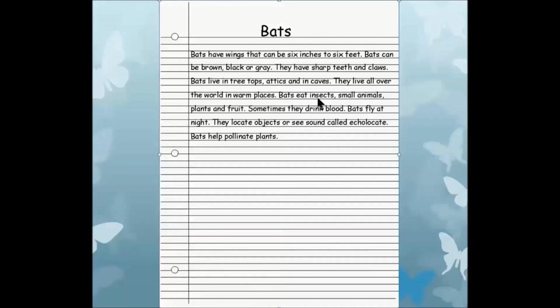Bats eat insects, small animals, plants, and fruit. Sometimes they drink blood. Bats fly at night. They locate objects or see sound called echolocate. Bats help pollinate plants.